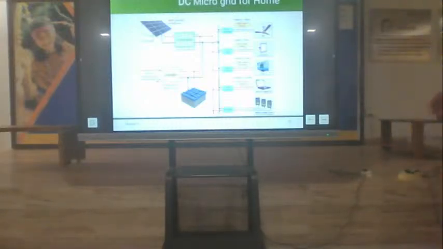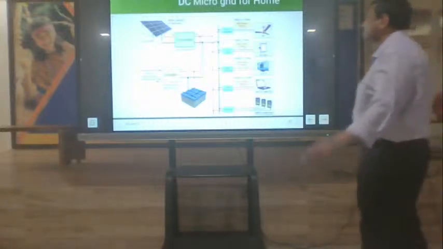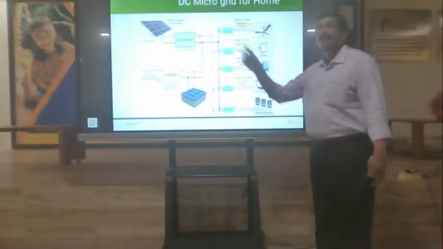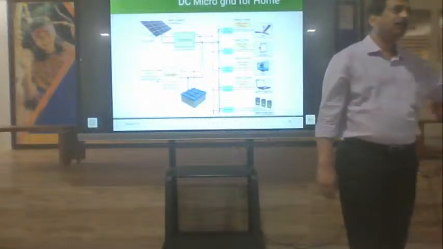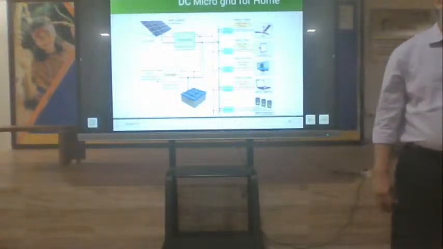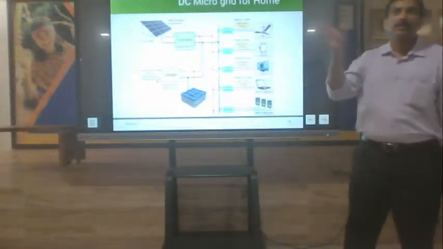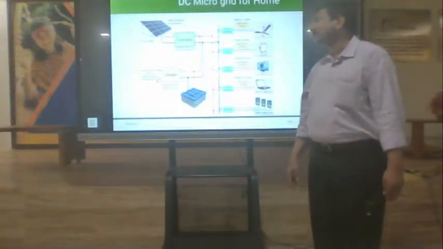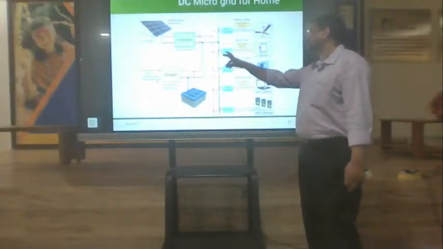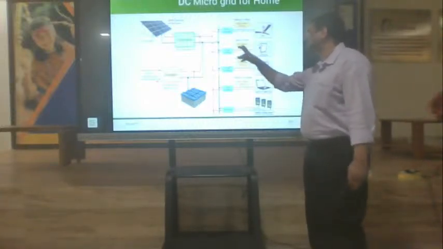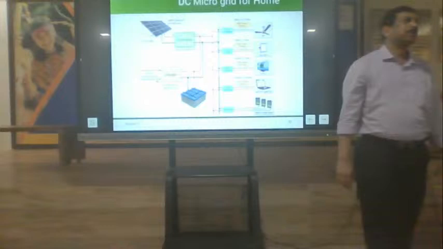So this is driven by direct DC. To power this, we take the AC, convert it into DC, then the DC is again regulated and given to the light. That is what we call an LED driver. If we directly use this on the DC, you will be saving 25% of the power.